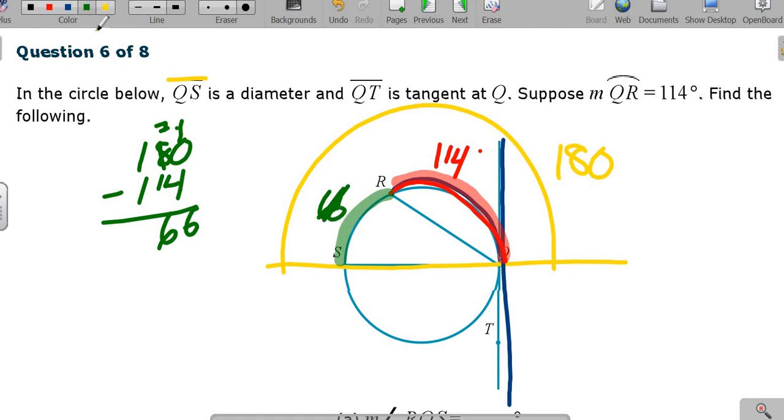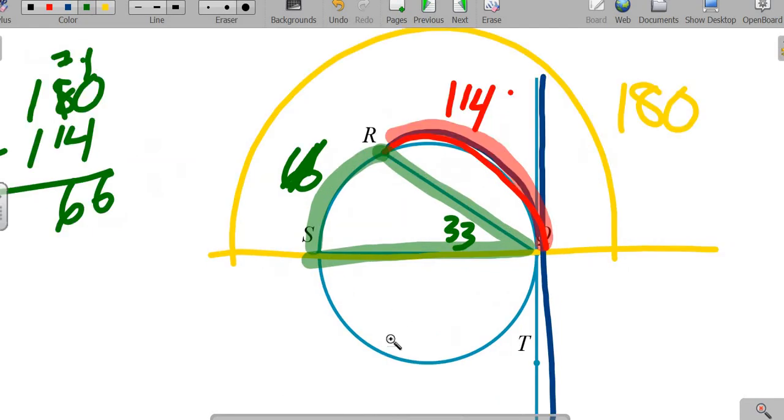That means this back here is an inscribed angle, so it's grabbing that 66. This is 33.